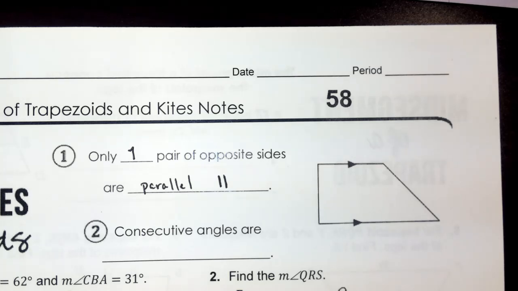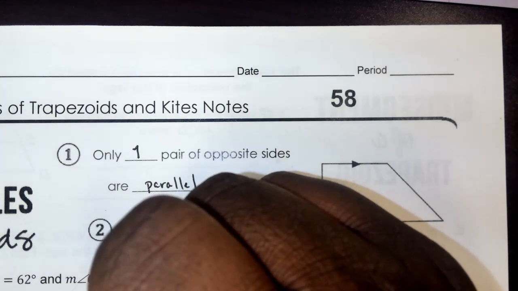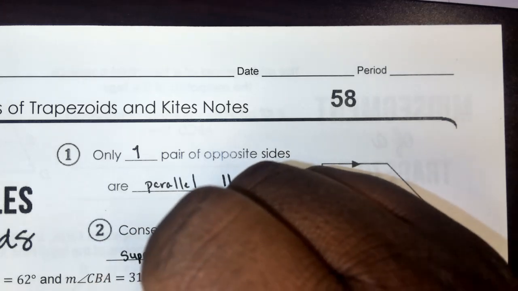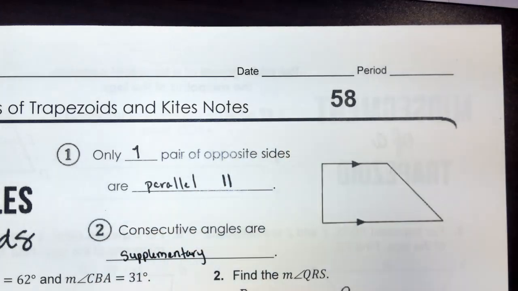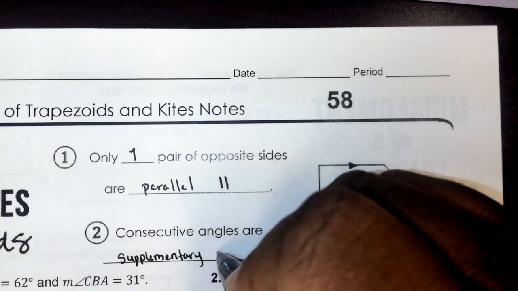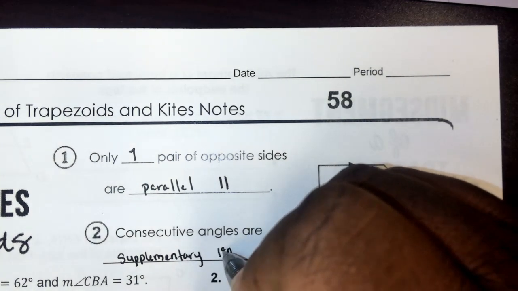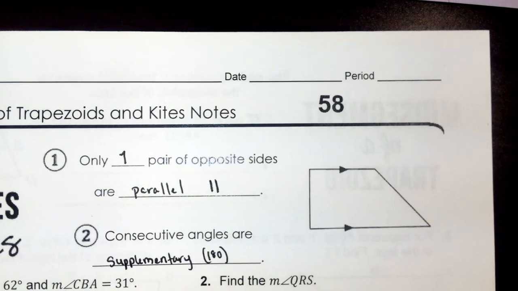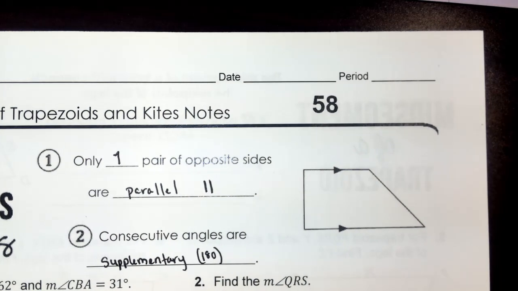The other one is consecutive angles are supplementary. Y'all know what supplementary means, 180. But the main difference too, I want to show you. Let me zoom in a little bit.